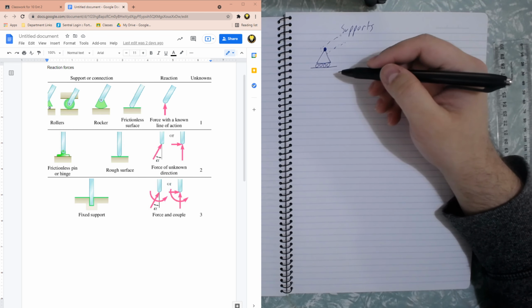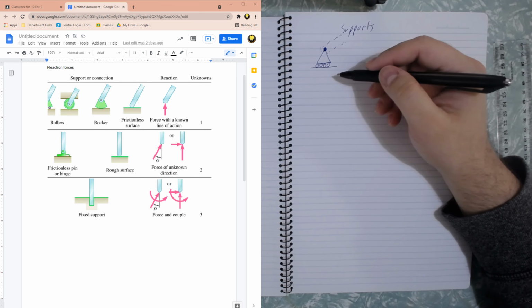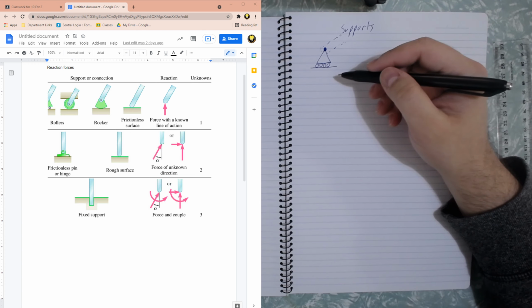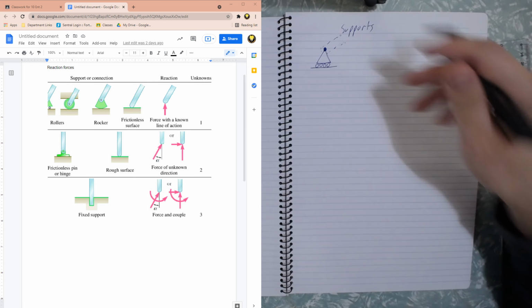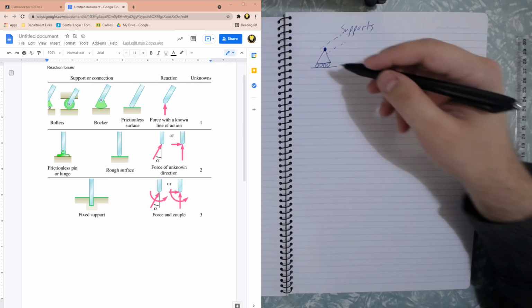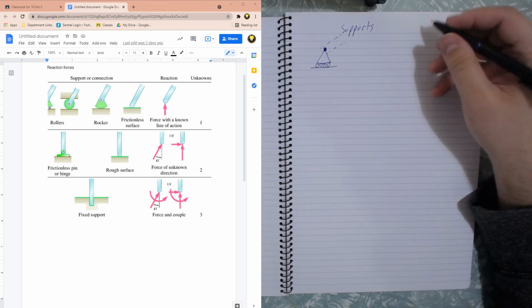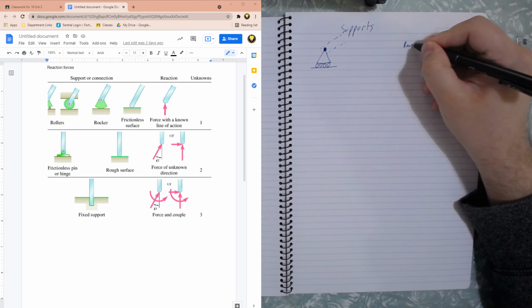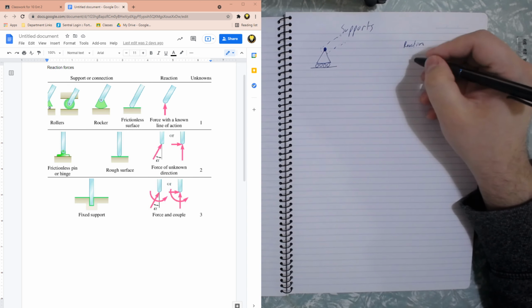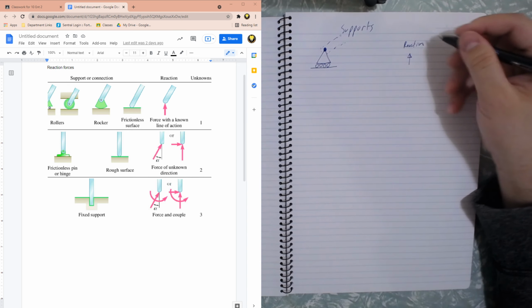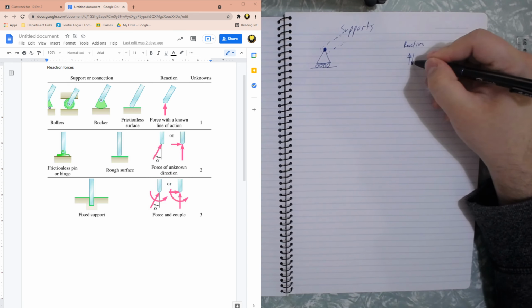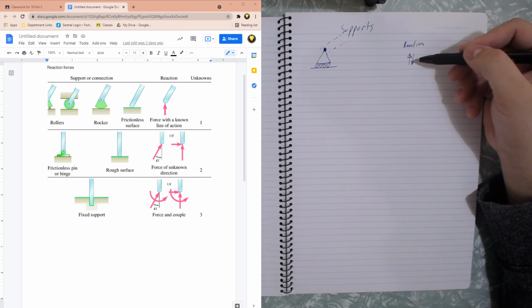If you are roller skating, you can be pushed around, but you're not going to fall through the concrete. So this support will only be able to provide a reaction in the vertical, up or vertical down.